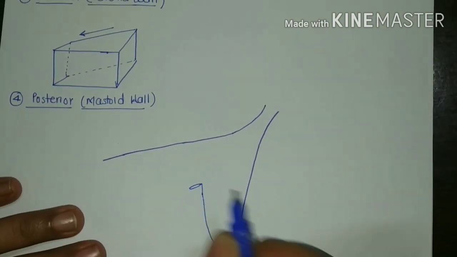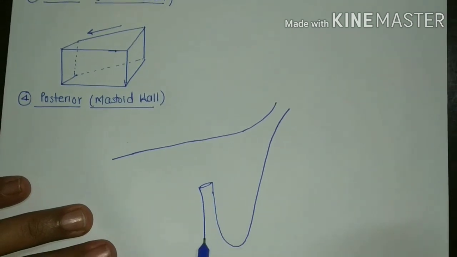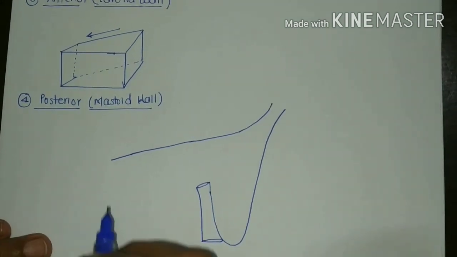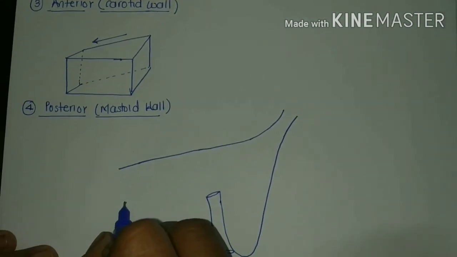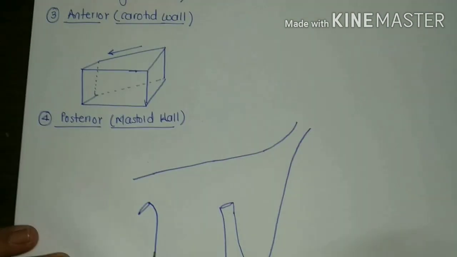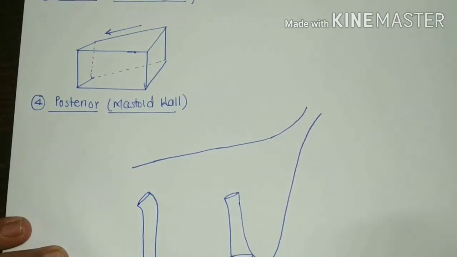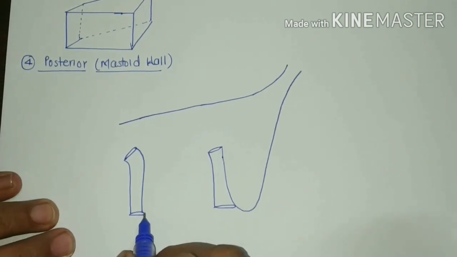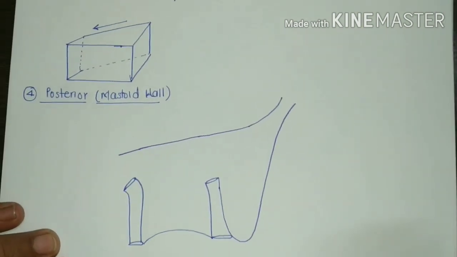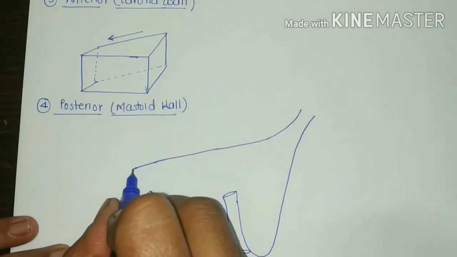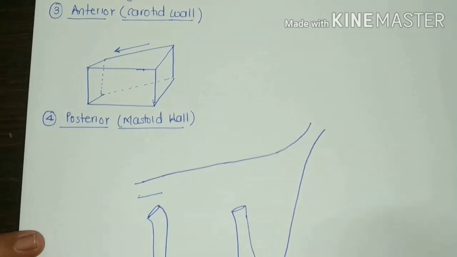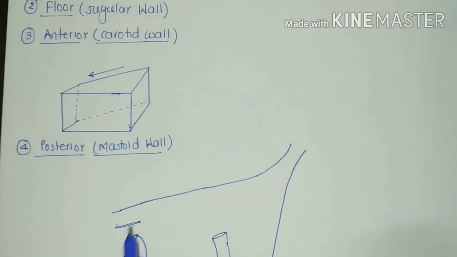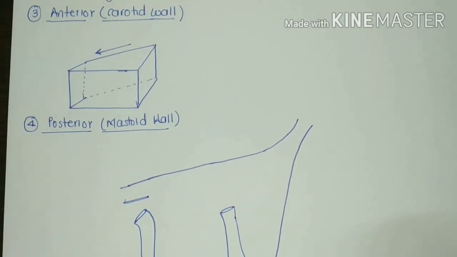Then this is the facial canal with the stylomastoid foramen. Anteriorly there is the canal for the internal carotid artery. This is the jugular fossa. This is the processus cochleariformis that we have already seen between these two openings.